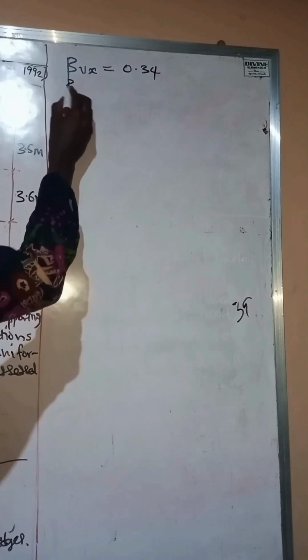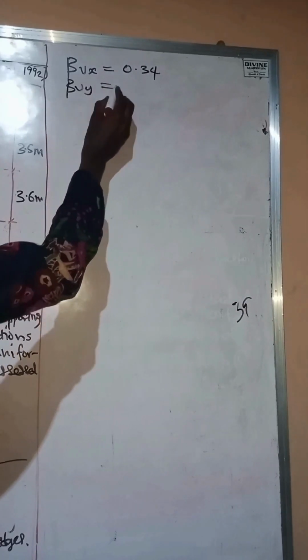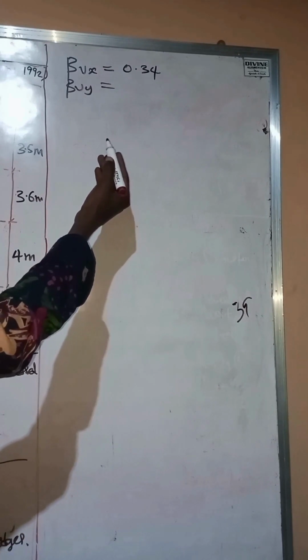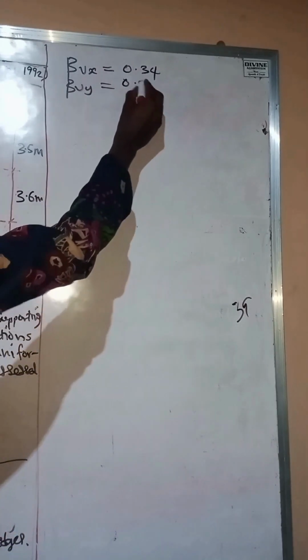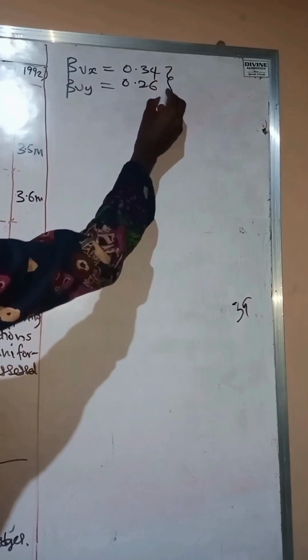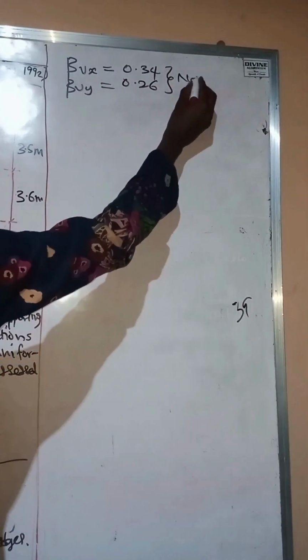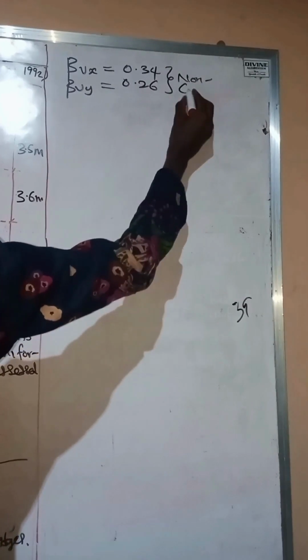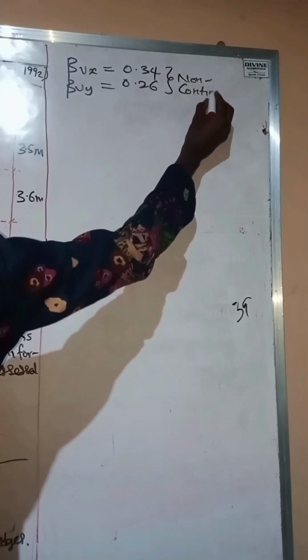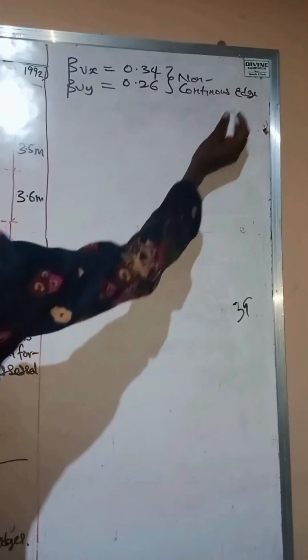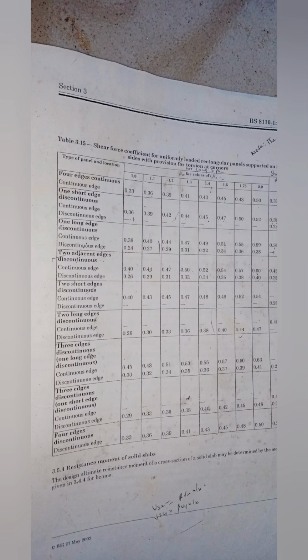Then we'll have BVY to be equal to 0.26. So these are for the non-continuous edge. All right. So you can see 0.34 and 0.26.